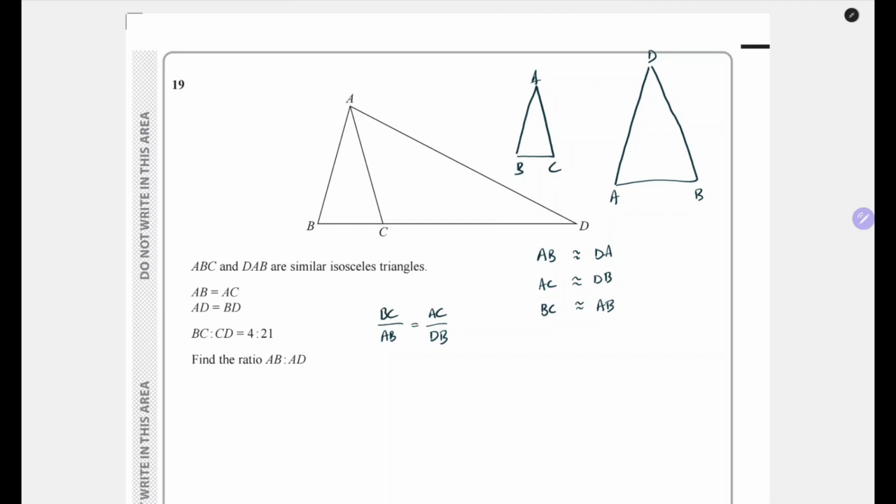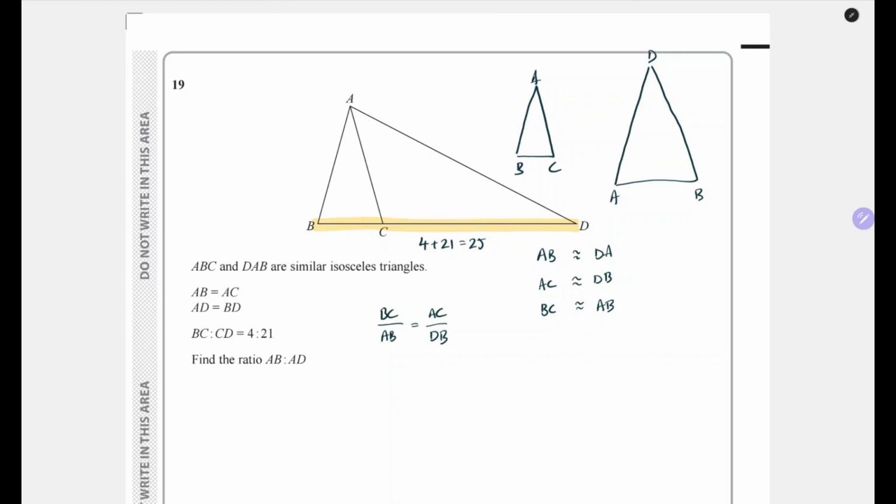Now, in the question, they've told us that the ratio of BC to CD is 4 to 21. So BC to CD is 4 to 21. And so the total is going to be 4 plus 21 to give us 25.